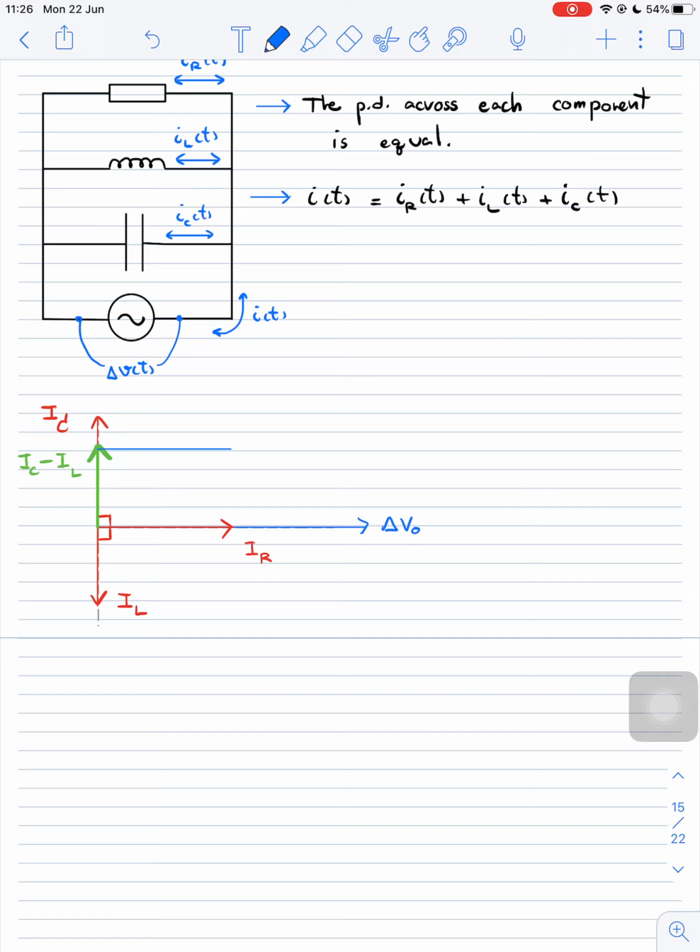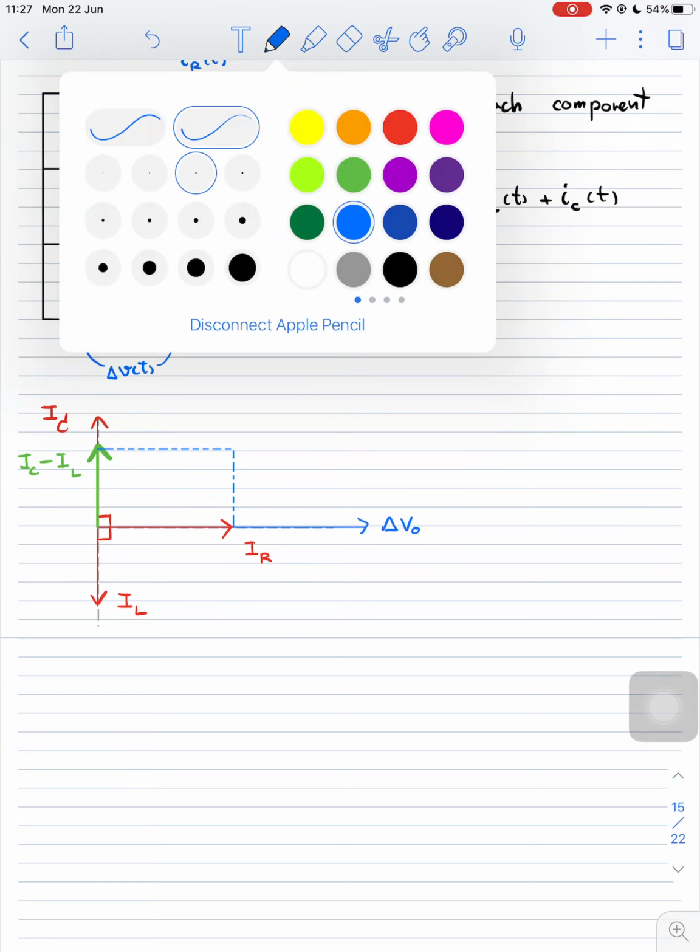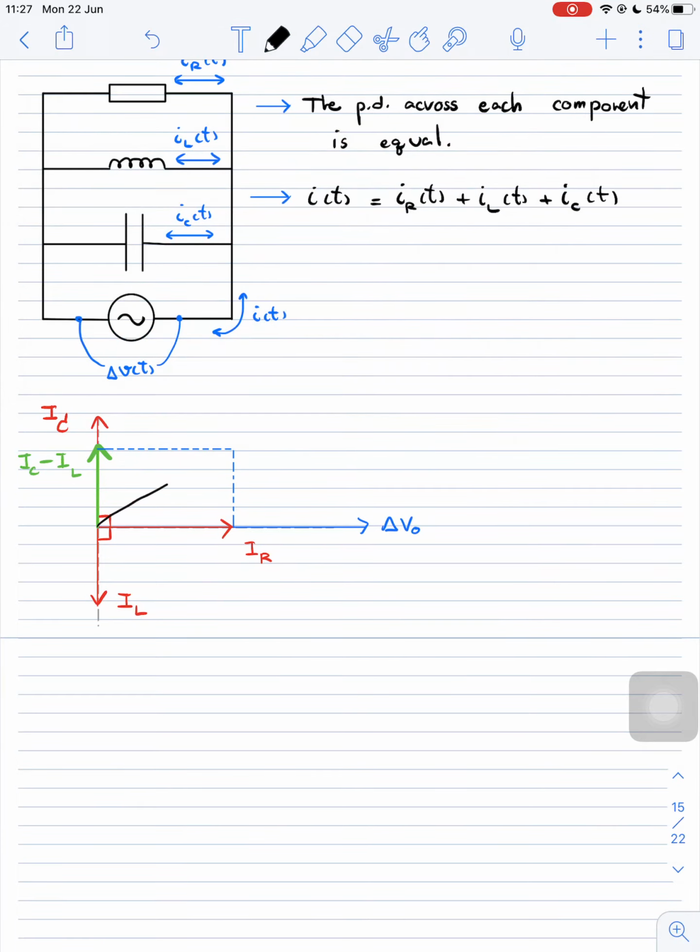Now let's combine here and here. If we combine the IC minus the IL with the IR, then we can get this vector. So let's say that this is equal to the I naught.